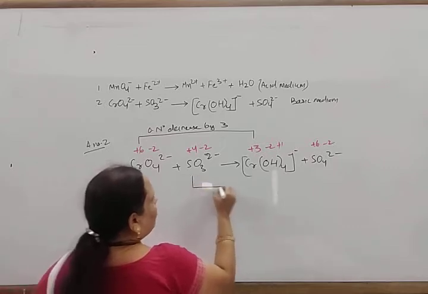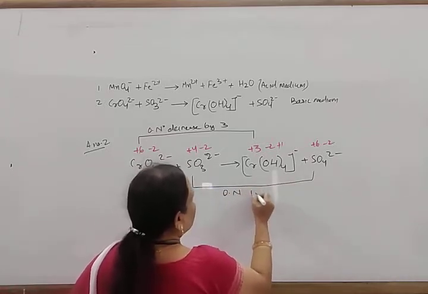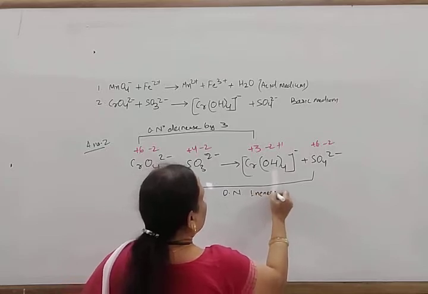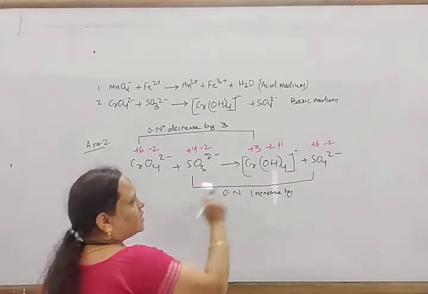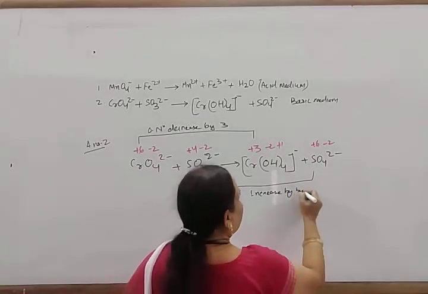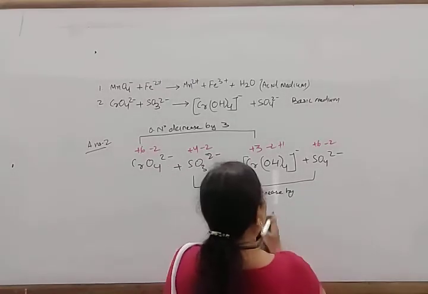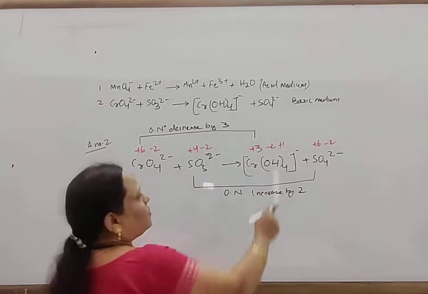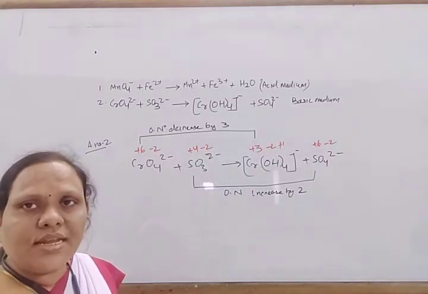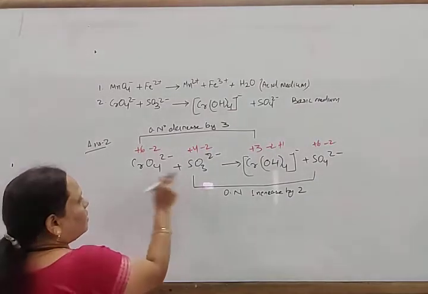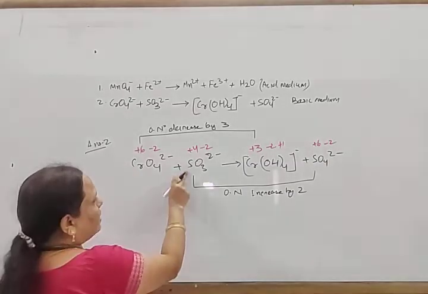And here from sulfite to sulfate, oxidation number increases, so the sulfur oxidation number increases by 2. So either 3 and 2, the total number of electrons lost should be equal to the total number of electrons gained. In this way, you just multiply here by 2 and here by 3.